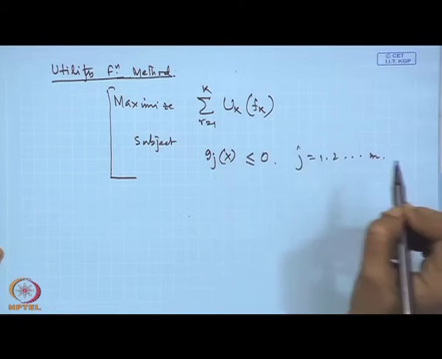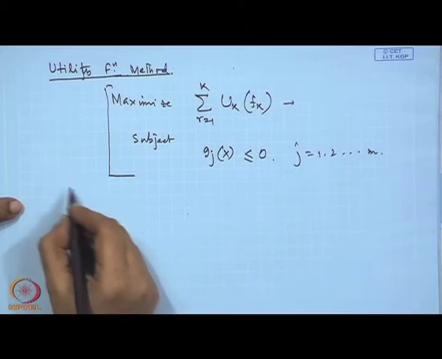What are indifference curves? Indifference curves are contours having equal utilities. Where the maximum utility value occurs at a non-dominated point, there we get the solution for this problem. That is the geometrical part of it.